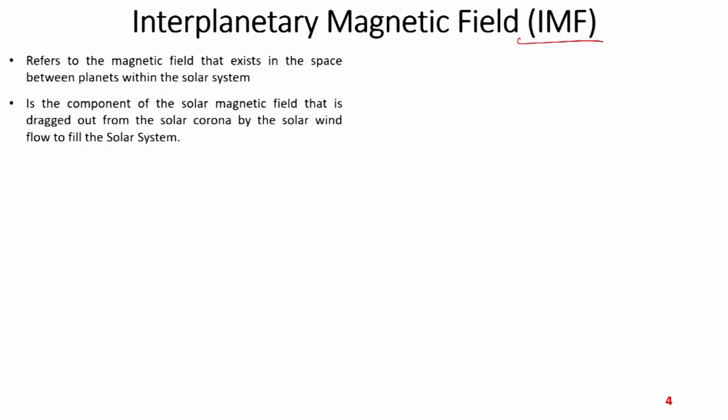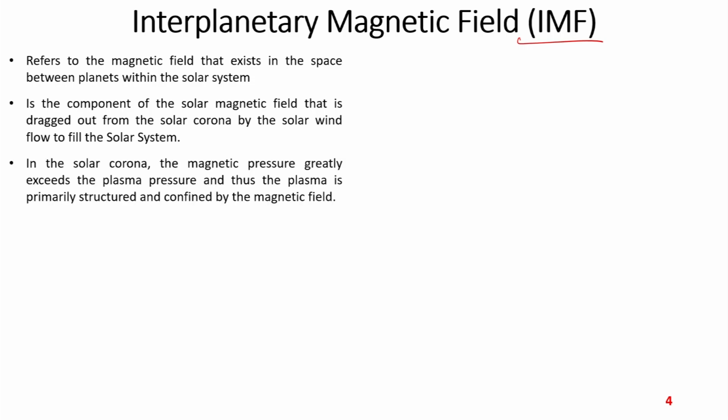A component of the solar magnetic field is dragged out from the solar corona by the solar wind. How does it happen actually? How does the solar wind drag the component of the magnetic field and flow towards the solar system?